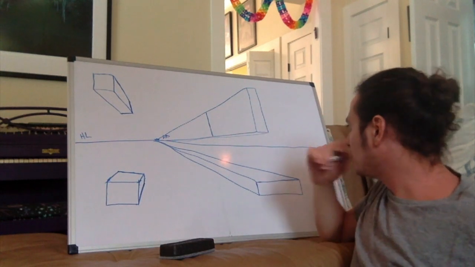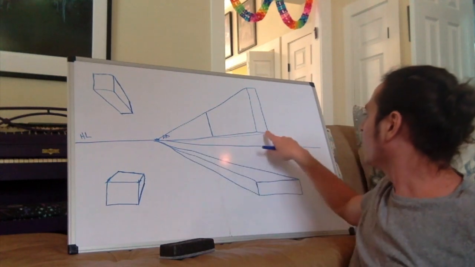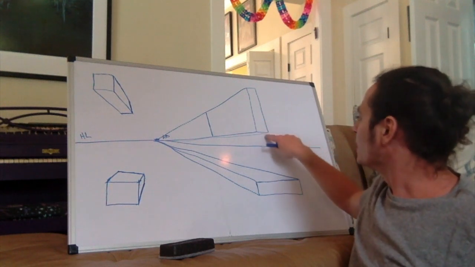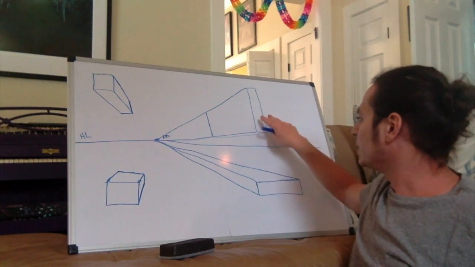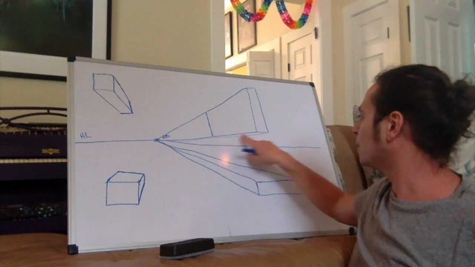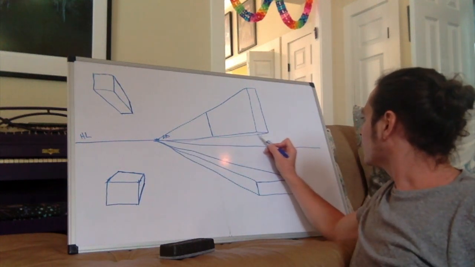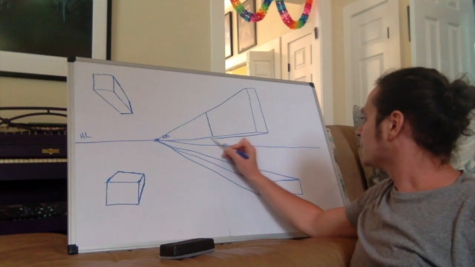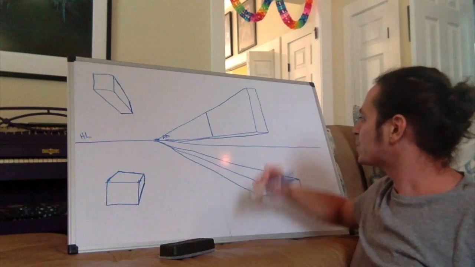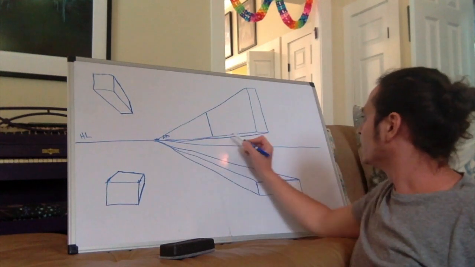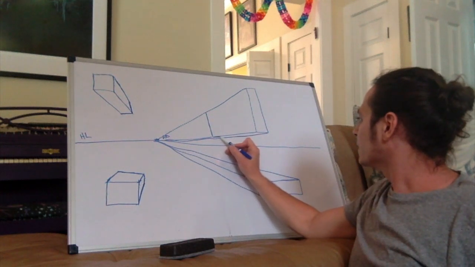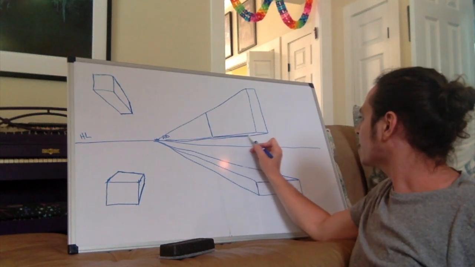Okay, so you can see that this box came down so low that it's almost parallel with our vanishing point. So this converging line is going to be really thin, the one that we just drew, and then this one is going to come just like that.